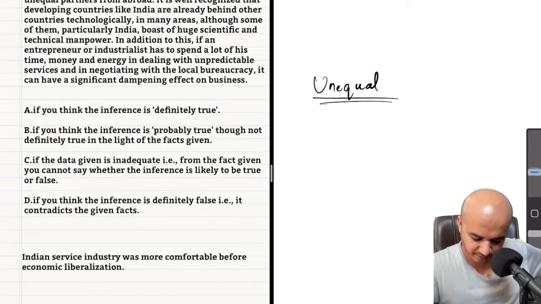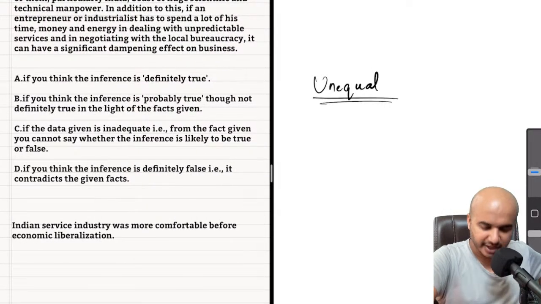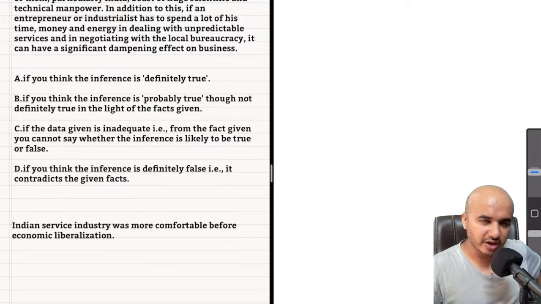Same passage once again. Indian service industry was more comfortable before economic liberalization. Okay. Did economic liberalization in any way dampen the spirits of Indian service sector? Because of economic liberalization, wherein the foreign products, the foreign companies came to India, the foreign service providers also could come to India.